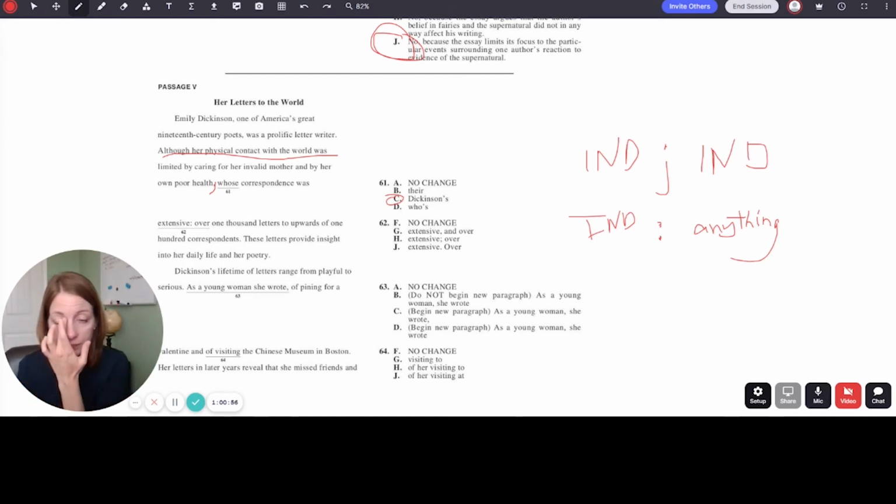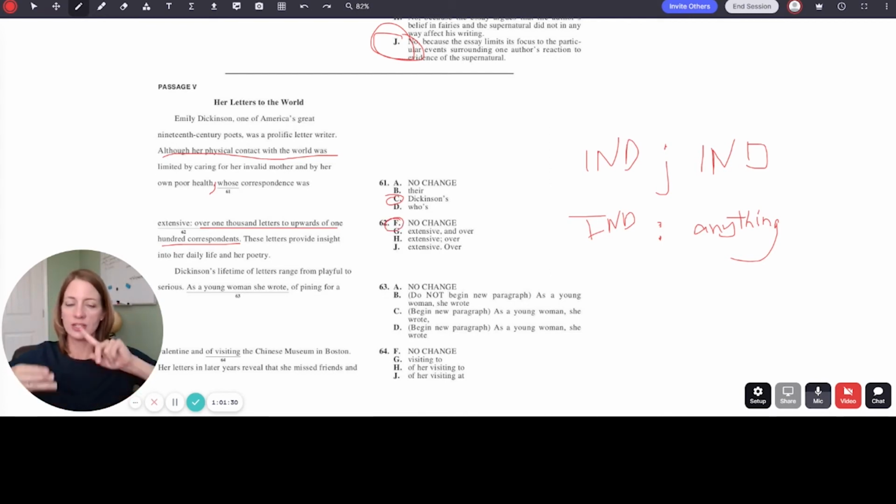Okay. So it's not an independent clause on this side of it. Okay. I want you to notice here, look at this. Oh, I love these. If I was in a big hurry, then I would have chosen F immediately and wouldn't have spent all this time. Here's why.